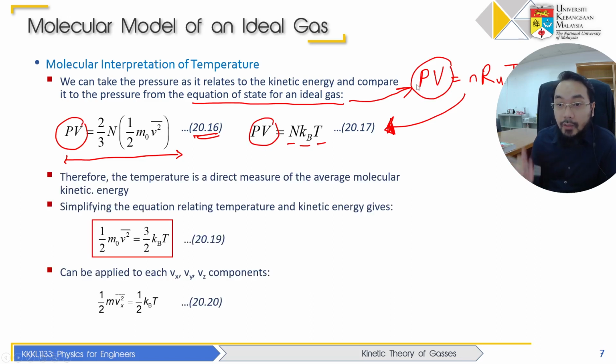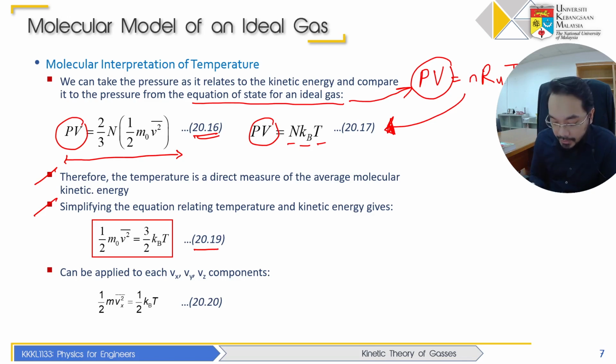So therefore temperature is a direct measure of the average molecular kinetic energy. Simplifying the equation relating temperature and kinetic energy gives us equation 20.19, which is basically half mv squared equals 3/2 k_B T.